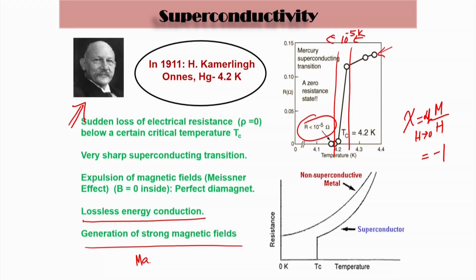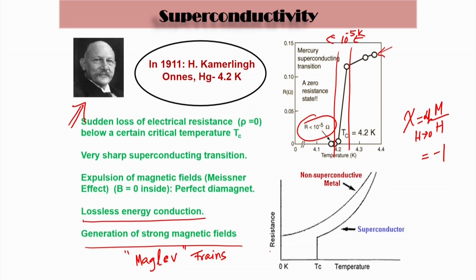These are called maglev trains. And maglev is the short form of magnetically levitated.